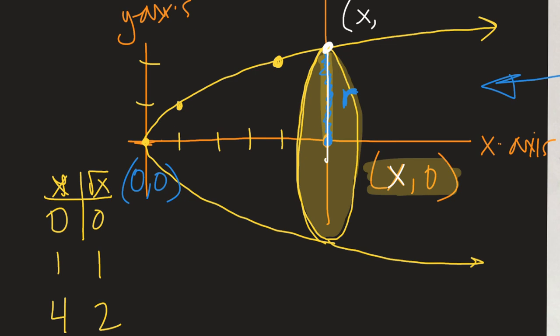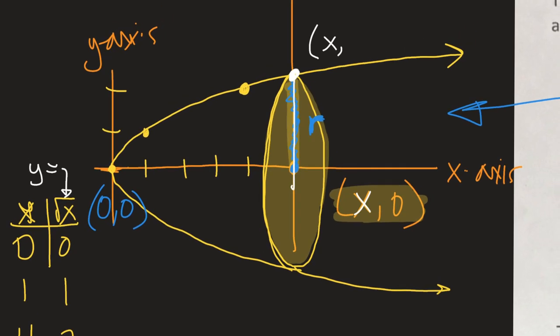But then we have a y coordinate, and it says we have to express it in terms of x. Okay, so we know over here that any y value is found by taking the square root of x. So that's this equation that we were given in the problem. Okay, and this is a pretty hard concept for kids to understand.